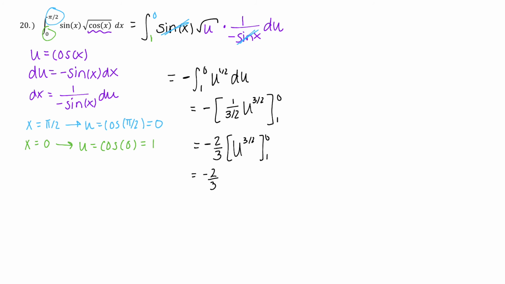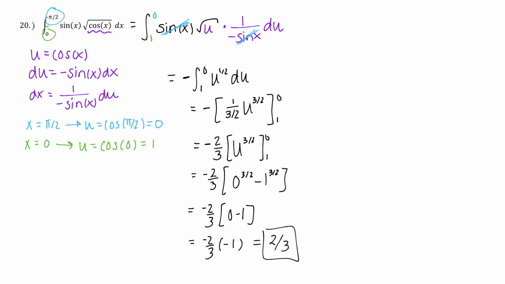Plugging in my bounds, this will be 0 to the 3/2 minus 1 to the 3/2, which is negative 2/3. 0 minus 1, negative 2/3 times negative 1 is positive 2/3. That's that for number 20.